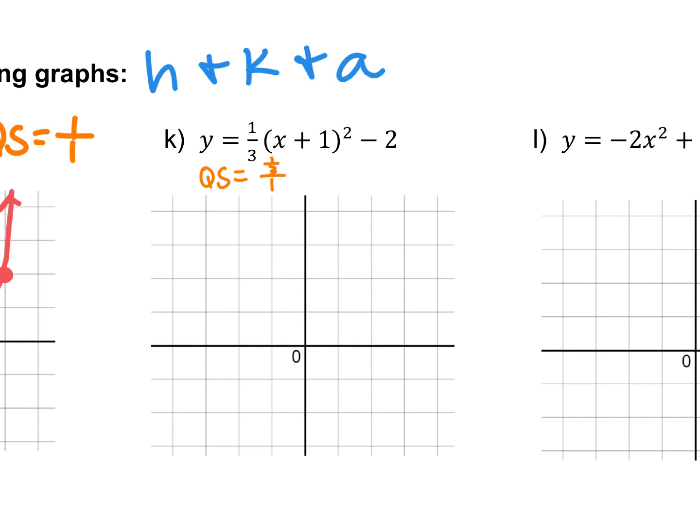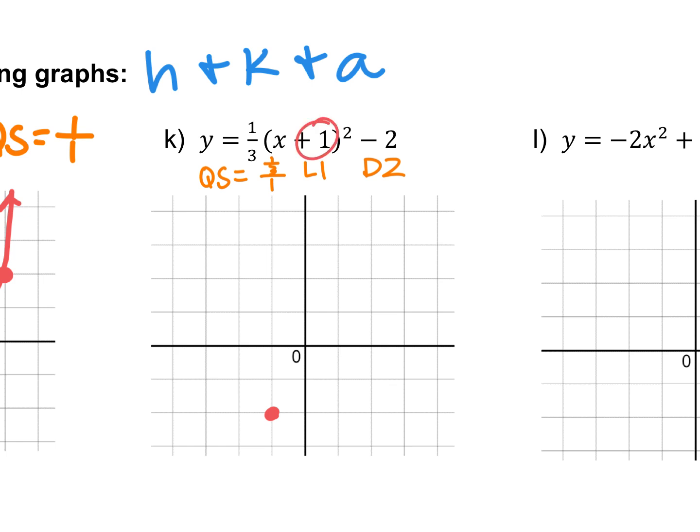It's +1, so that means I'm going to go left 1, and then it's -2, so that means I'm going to go down 2. So from 0, 0, I go left 1, down 2. So here is my vertex. Would it be incorrect to think of the +1 as just the vertex? No, because it's not just the vertex.